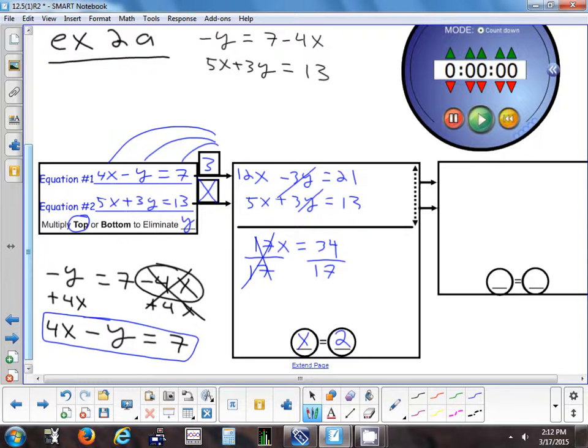Plug it back in. I've got a few different choices for where I can plug it back in. I could go back to the originals, or I could go back to one of the ones I rearranged. I usually go back to the original, and somebody said the top one. I think the top one is a good one to pick.